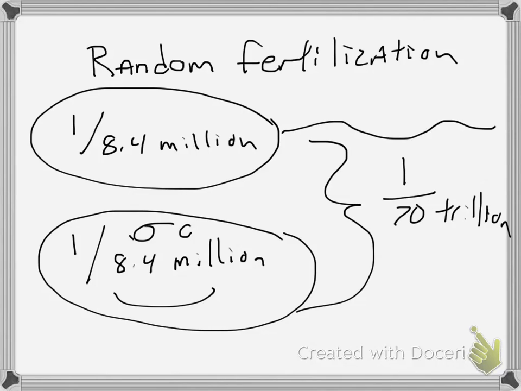Incredible chance there that you actually create this thing. That's random fertilization. It's only made possible by the fact that we have these haploid cells. If we didn't have haploid cells, we couldn't unite them together and create our organism. So that's the basics of meiosis, and keep plugging away at it.